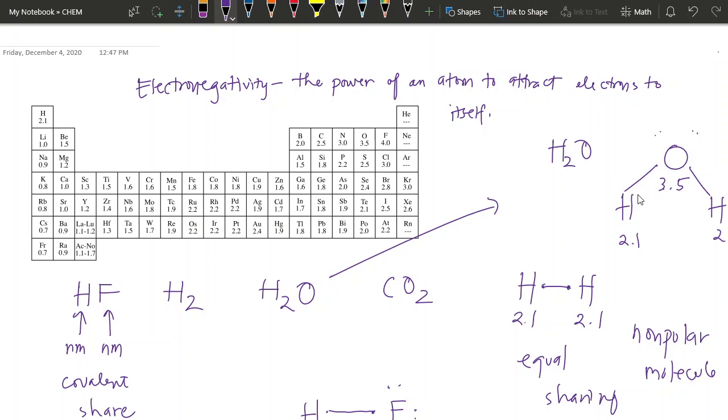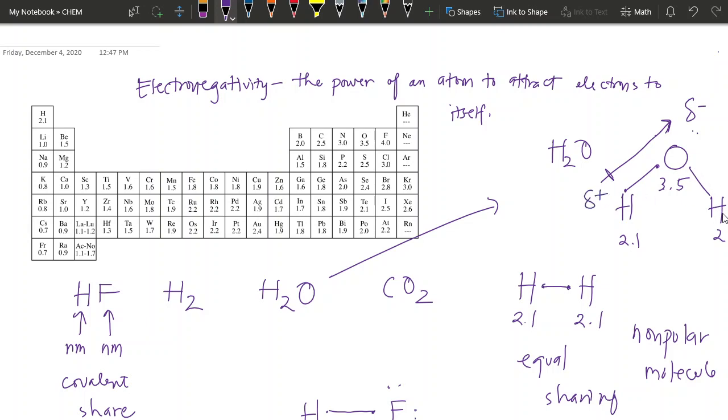Here we have hydrogen and oxygen sharing these electrons here. But again, as you see here, oxygen is much more electronegative, much stronger compared to hydrogen. So here, the electrons will stay more towards oxygen. So we use this arrow here. The arrow points to the partially negative side. The other side becomes partially positive.